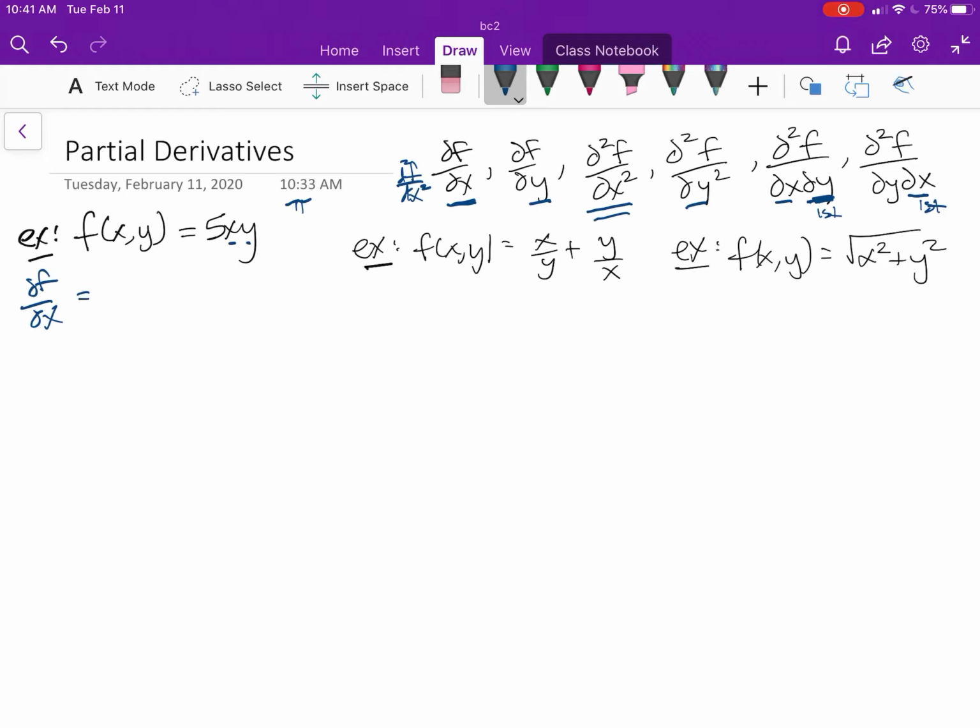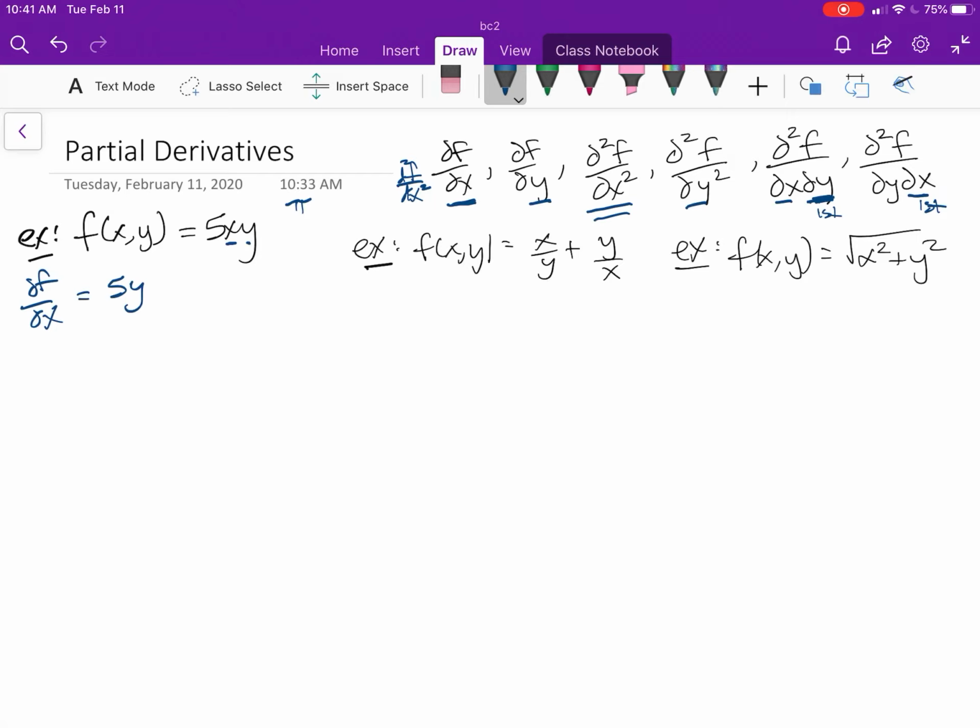It is a variable, but when we're doing a partial, we treat it as if it's not. So if x is the only variable here, the derivative of x is 1. So the partial of the whole thing, we just get 5y, because 5y is a constant.